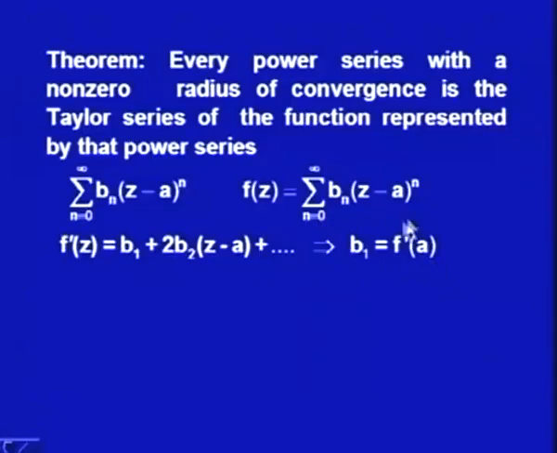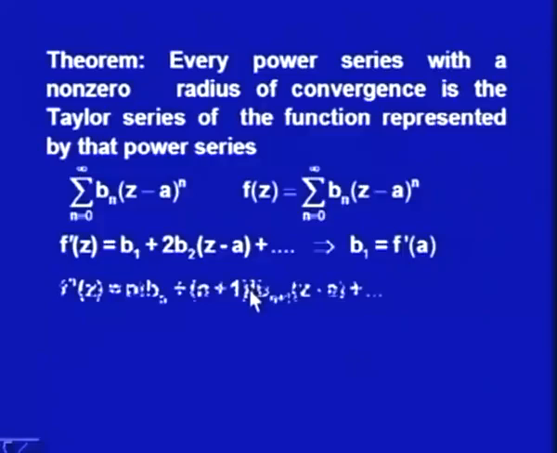So, if you differentiate this, we will get b_1 is equal to f dash a, and the nth derivative f^(n)(z) is equal to factorial n times b_n plus (n plus 1) factorial b_(n+1) (z minus a) plus and so on.